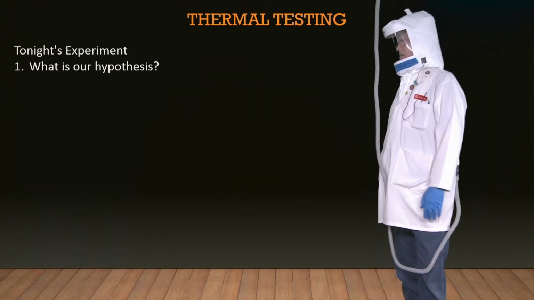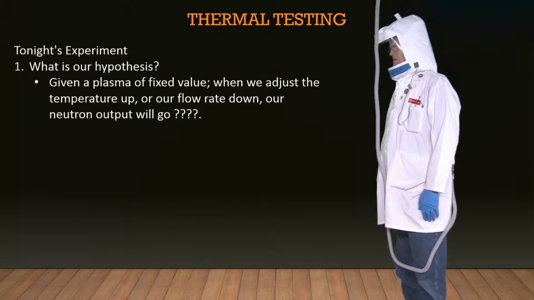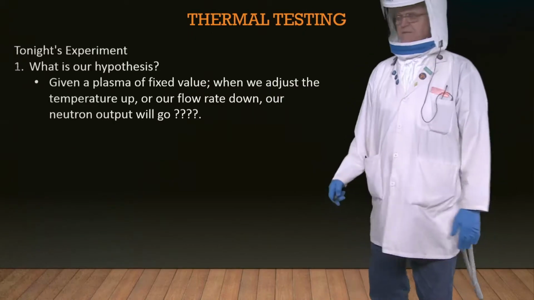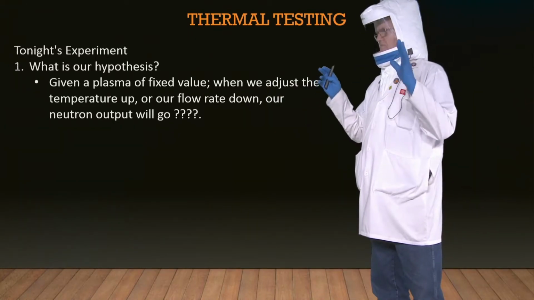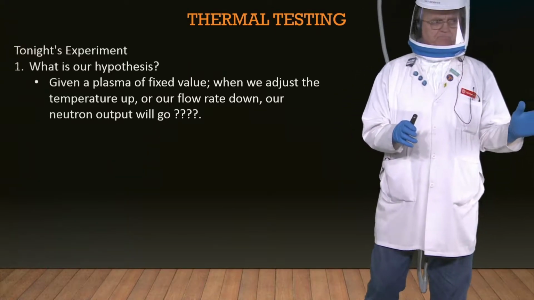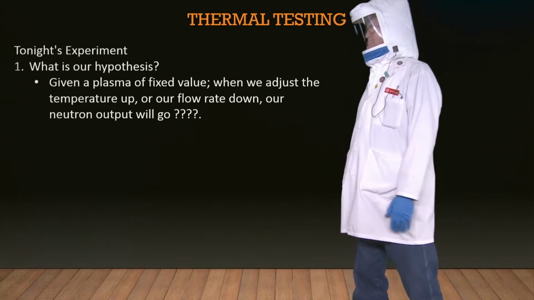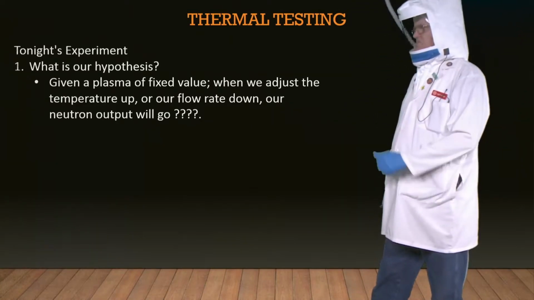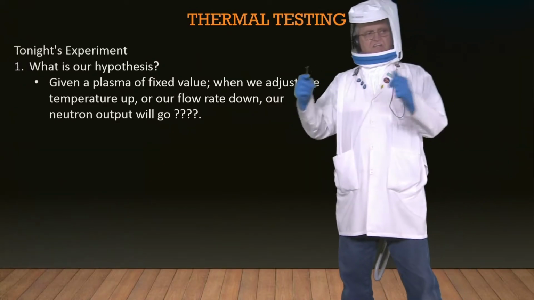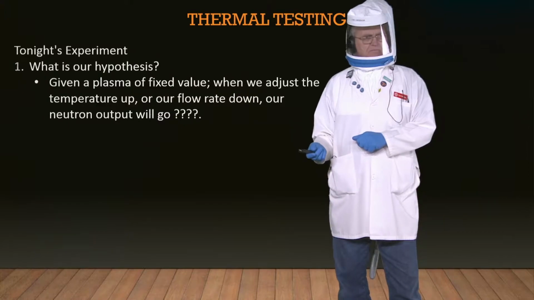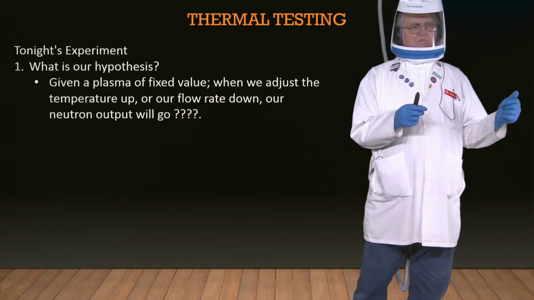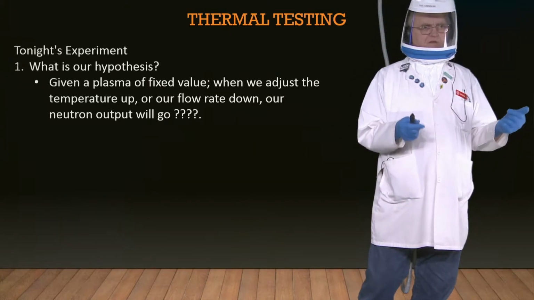If we have a fixed plasma, the power level of the plasma is fixed, voltage and current remain the same, and we adjust the temperature or the flow rate of gas in and out of the chamber, how will they affect the neutron output of the reactor?